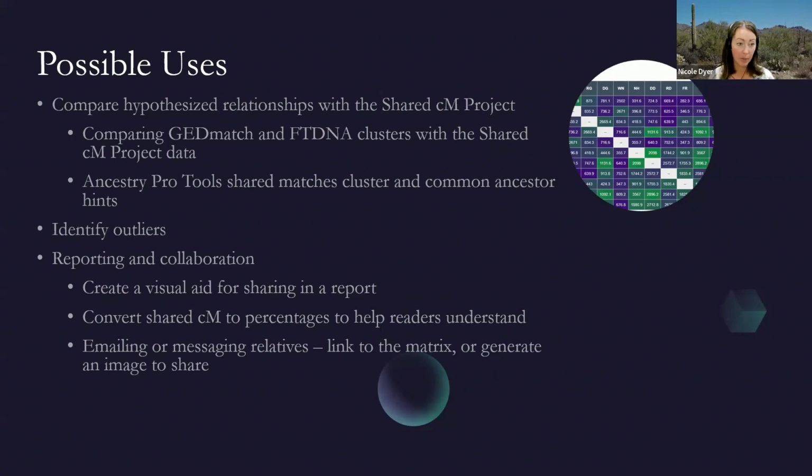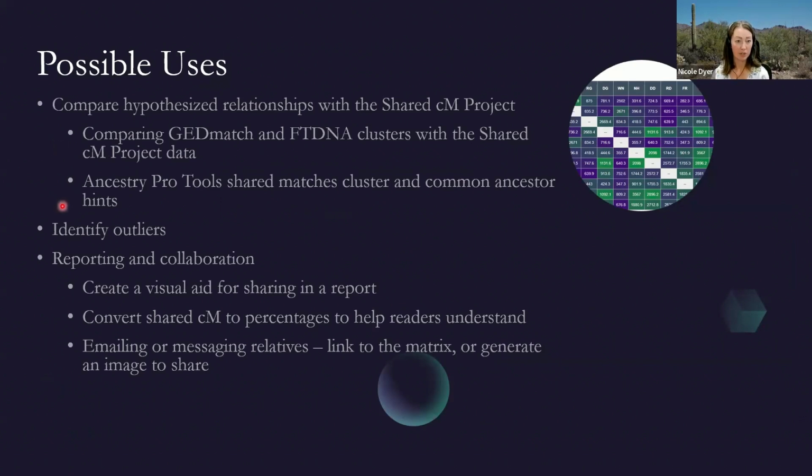You could do this in a couple of ways I thought of. One is to compare GEDMatch and FamilyTreeDNA clusters with the Shared cM Project data. So let's say you have a cluster in GEDMatch and you put it into a matrix, then you can copy and paste that matrix into the matrix tool, and then you can check all that data against the Shared cM Project data all at once.